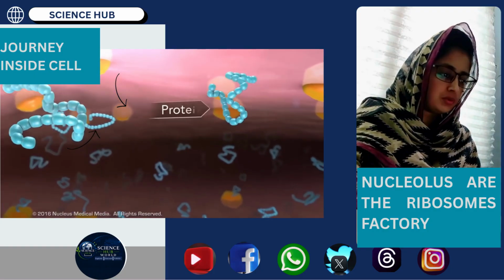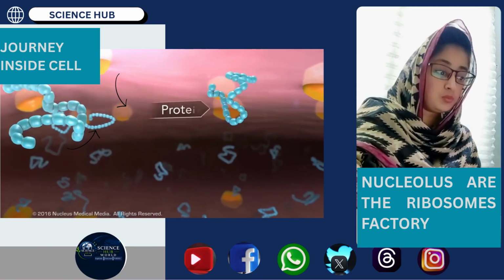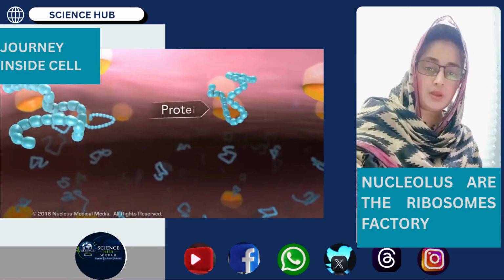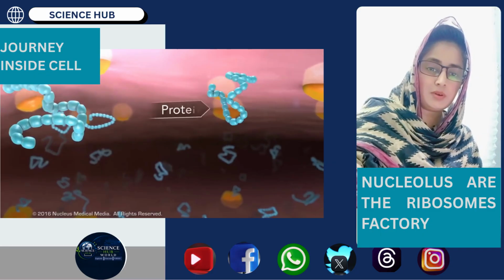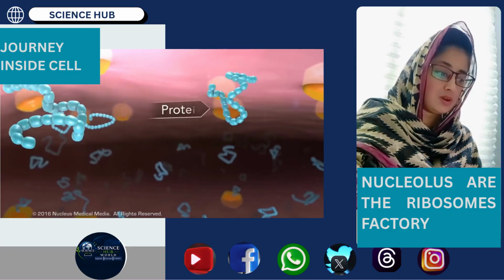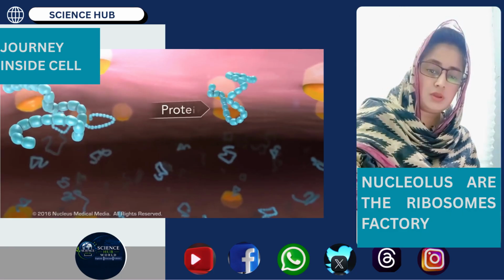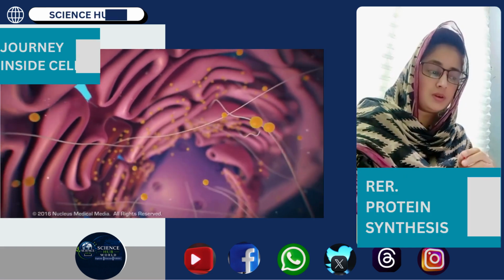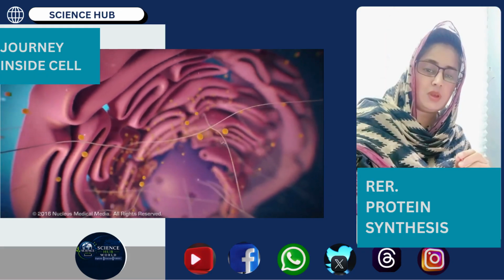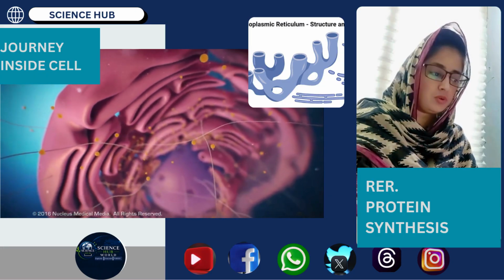Ribosomes wander freely within the cytoplasm, or they may be attached to the other organelles. One organelle is endoplasmic reticulum, which is known as ER. If the endoplasmic reticulum has tiny particles called ribosomes, it is called rough endoplasmic reticulum because of the rough surface.